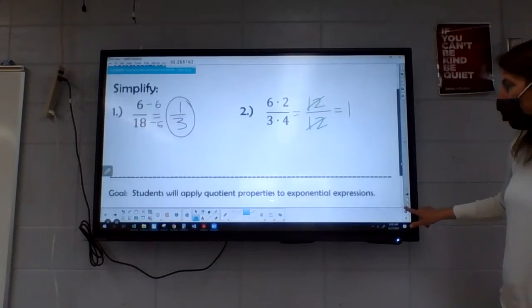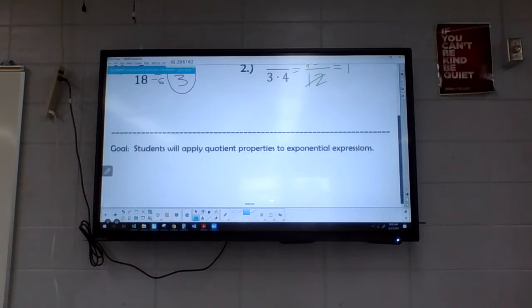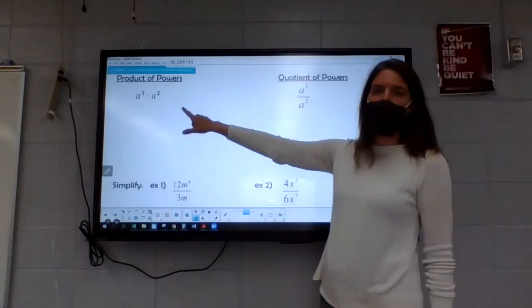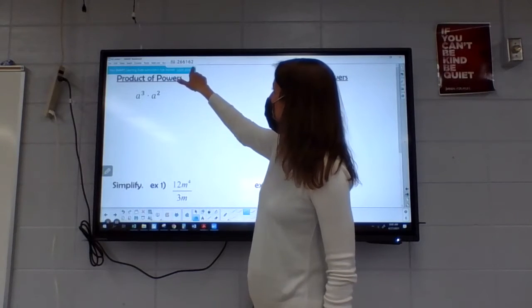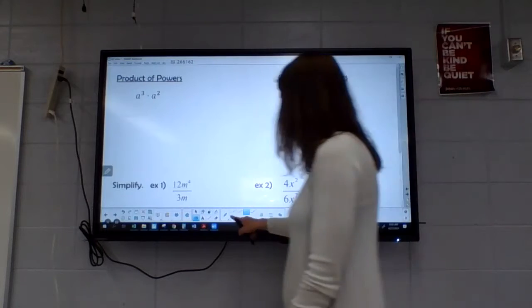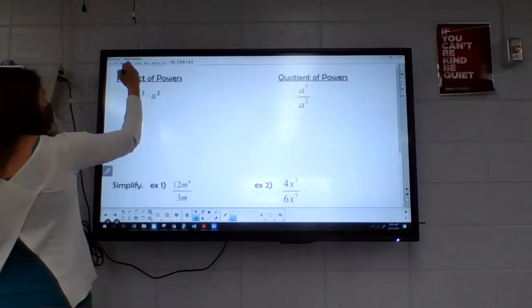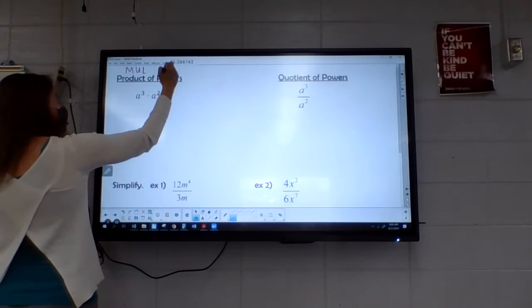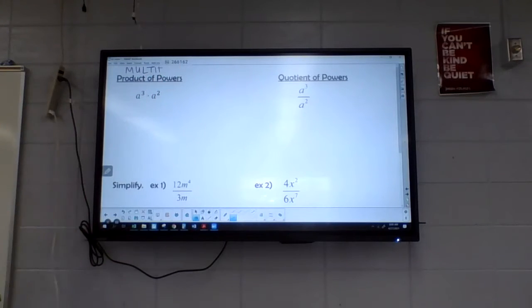Reviewing yesterday a little bit. The product of powers is what we talked about yesterday, and that's multiplication. This is the rule we learned yesterday.